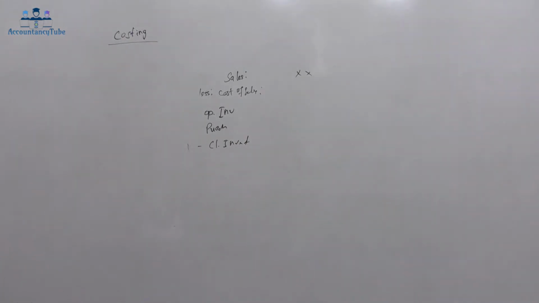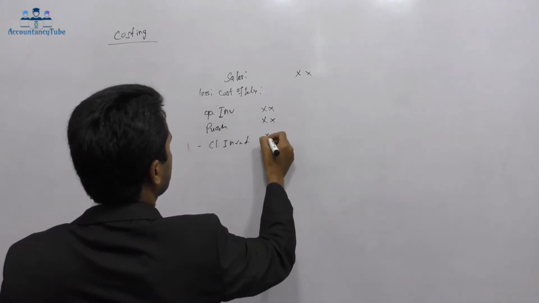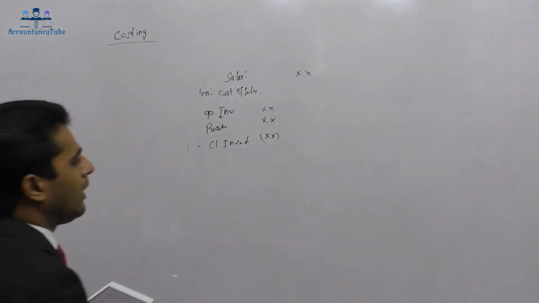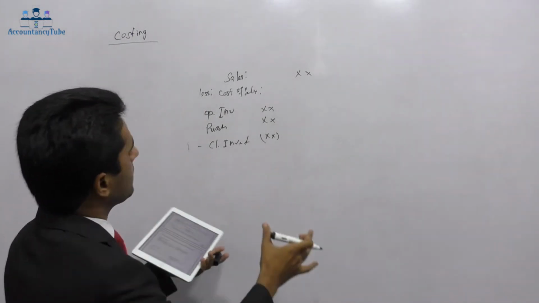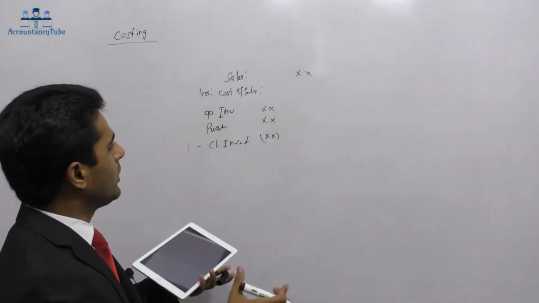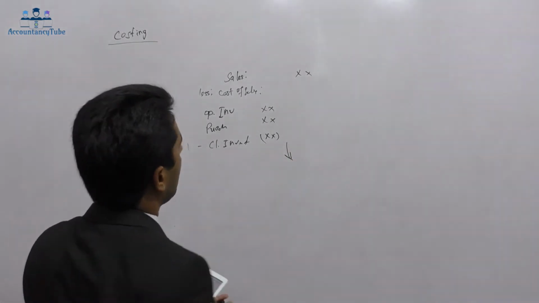We deduct the closing inventory out of it. Now what happens is that we add this one, but we deduct this one, right? Now if we are deducting a big lot, what is going to happen? The cost is going to be lower, cost is going to fall.